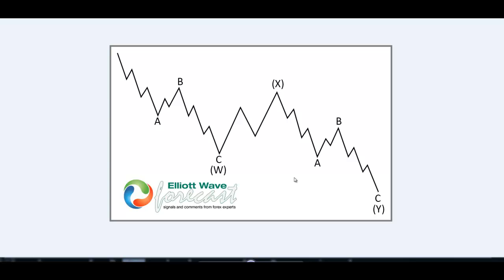As soon as you identify the W or the X or the A over here, you can sell against this one, looking for this one. There are a lot of trades that can be taken within the WXY structure or the double correction.